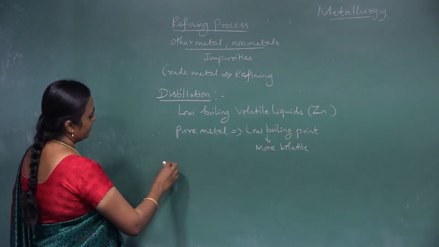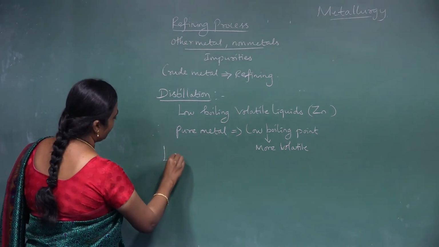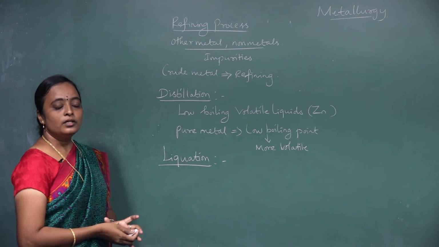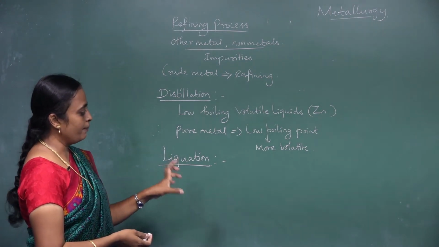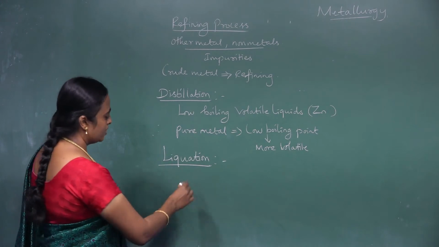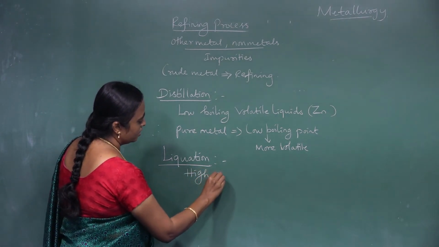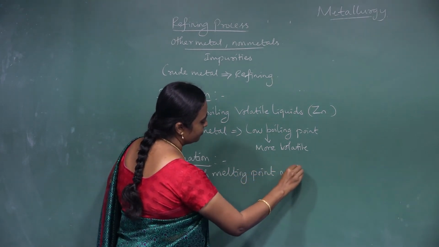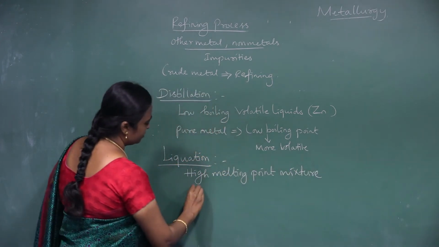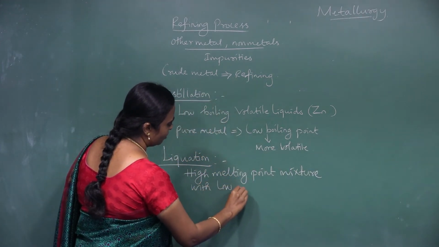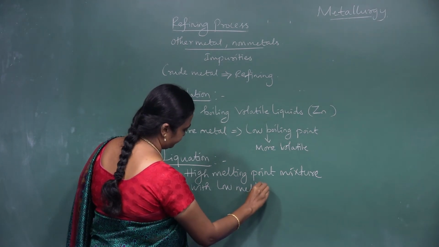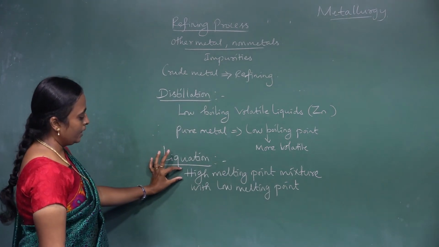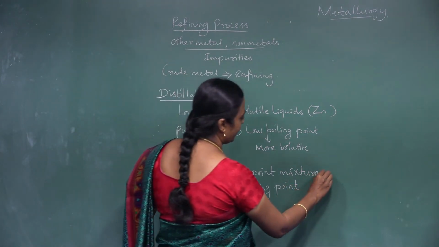And the next one we can take is the liquefaction process. With liquefaction we can separate a high melting point mixture from a low melting point one. Here, the high melting point is related to the impurity.